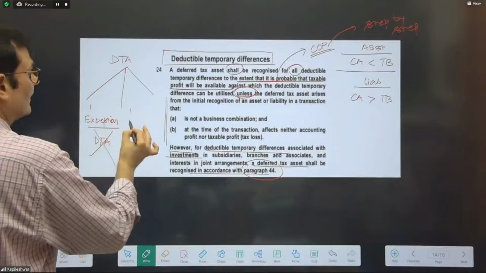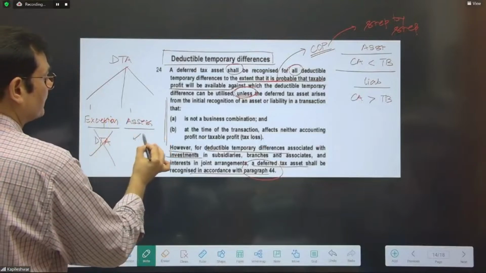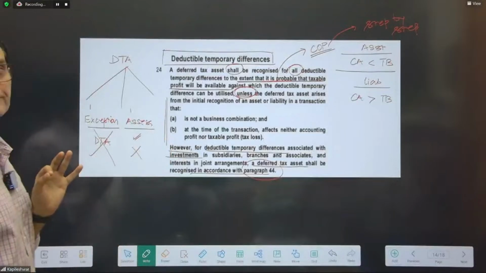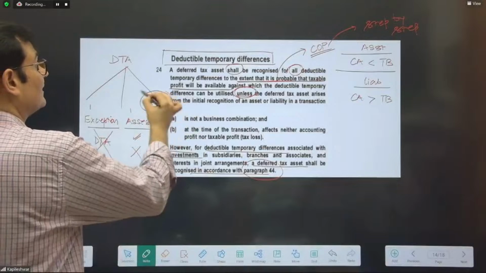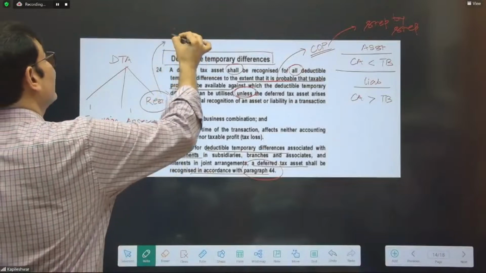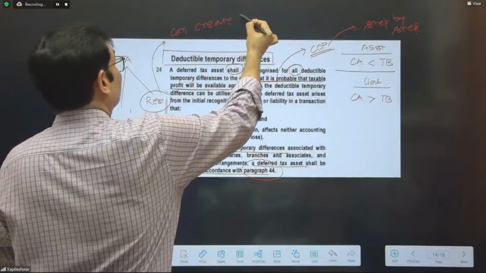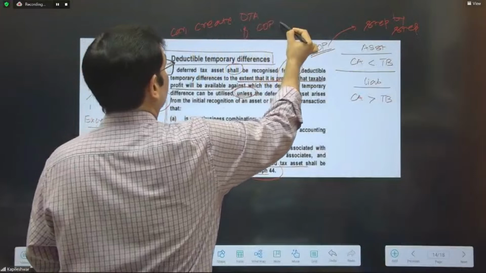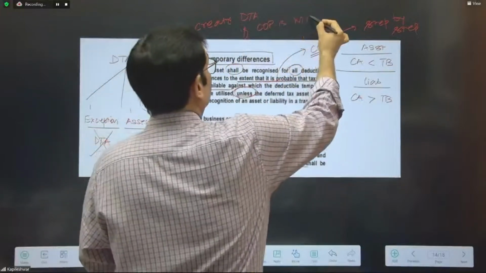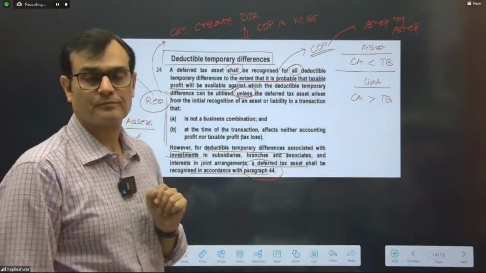I would say there is one case which requires an assessment where a DTA may or may not be created. And then there are the rest of the cases, and in the rest of the cases, you can create a DTA if prudence is met. It's a conditional creation.